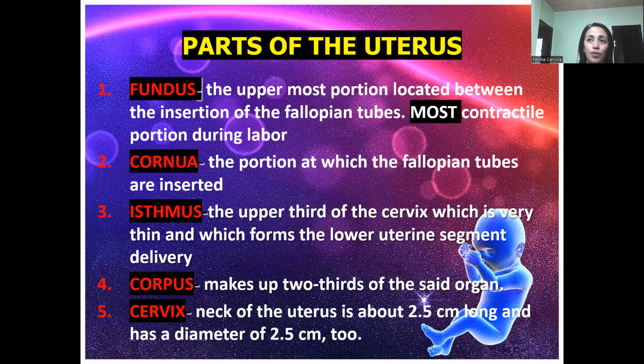As what I've told you a while ago, the upper part of the uterus is the one that is contracting, and then we have here the cornua, the portion at which the fallopian tubes are inserted, and then we have here the isthmus, the upper third of the cervix, which is very thin and which forms the lower uterine segment during delivery. And here, the corpus makes up the 2/3 of the said organ. And then the cervix is the neck of the uterus that is about 2.5 cm long and has a diameter of 2.5 cm too. So we'll now try to pinpoint where the parts are.